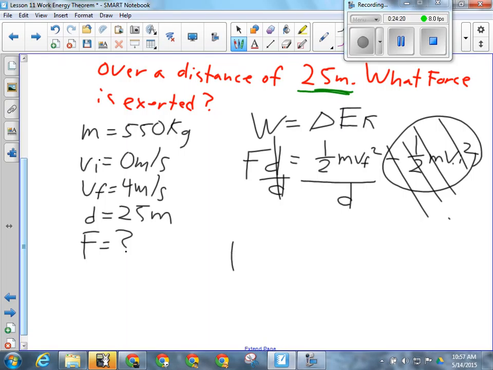Okay? So force is going to equal 1/2 times 550, the mass of the rock, times the speed of the rock, the final speed of the rock in this case, 4, and that's squared, divided by d, which is 25 meters.